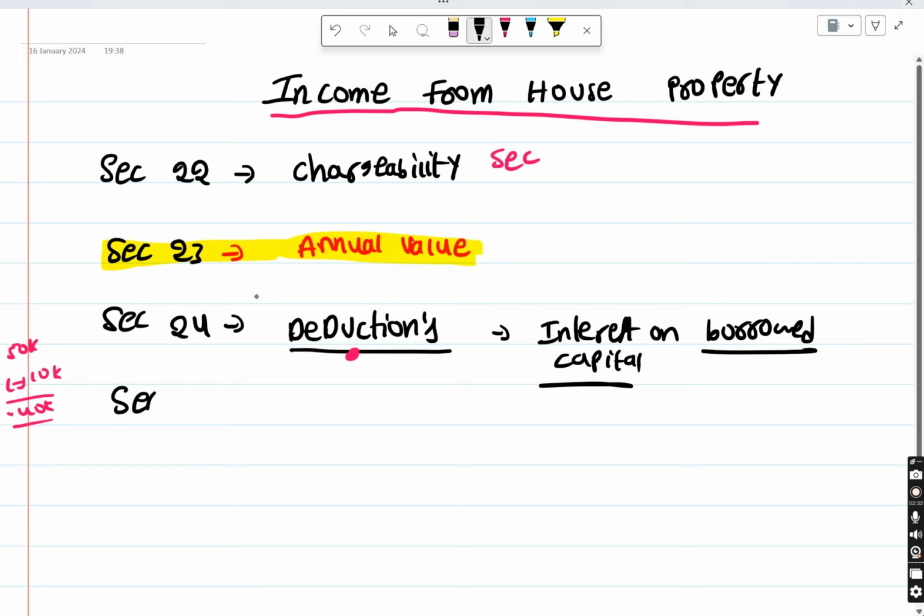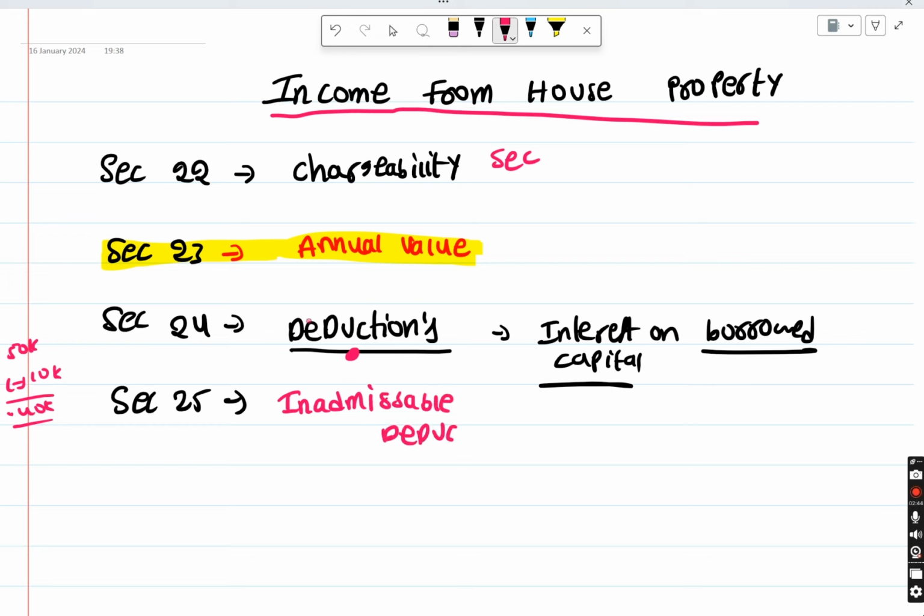And then section 25, not very important, which is actually just a one line section. What are inadmissible deductions. And then section 25A, we will be talking about unrealized rent.